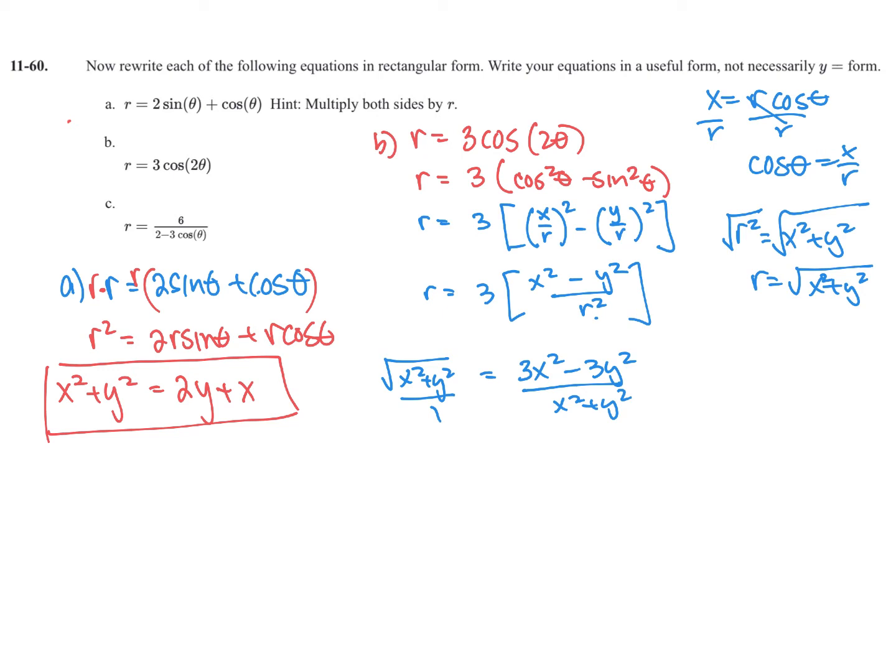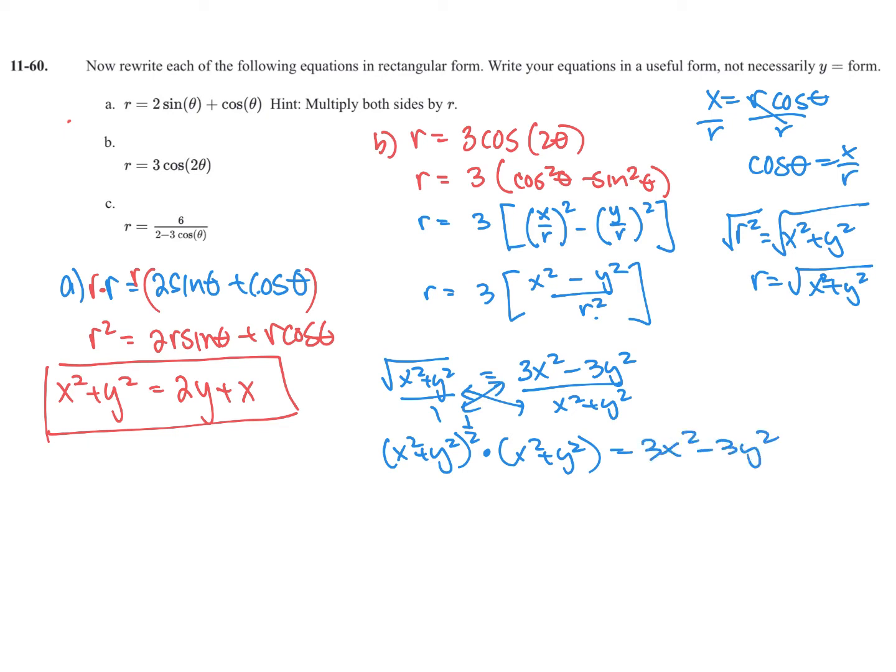So I'm going to have the square root, and I'm actually going to rewrite this as x squared plus y squared to the 1/2 times x squared plus y squared. And that equals this product, which is 3x squared minus 3y squared.